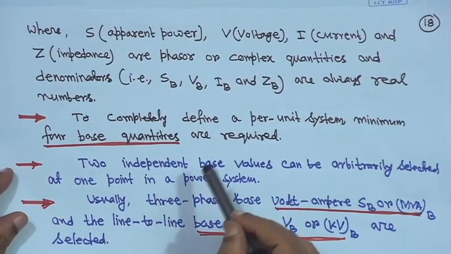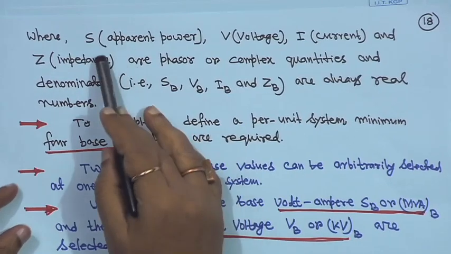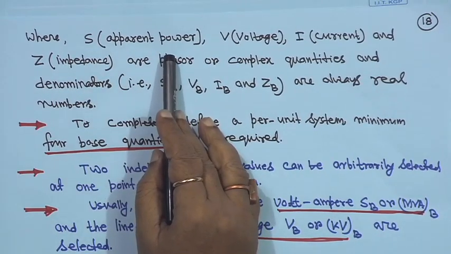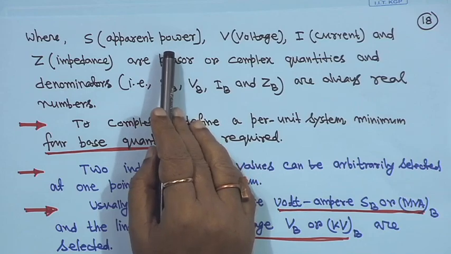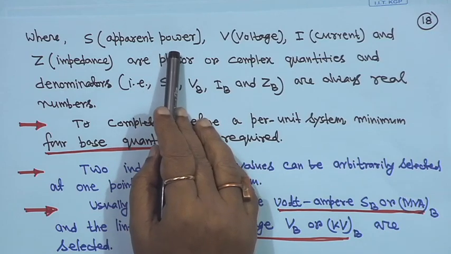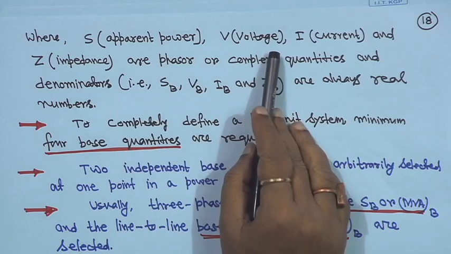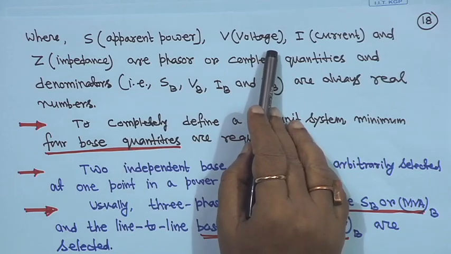Where S in general is apparent power, that is volt ampere or kilovolt ampere or megavolt ampere, that is VA, kVA or MVA. V is the voltage, it may be in volts or in kV.